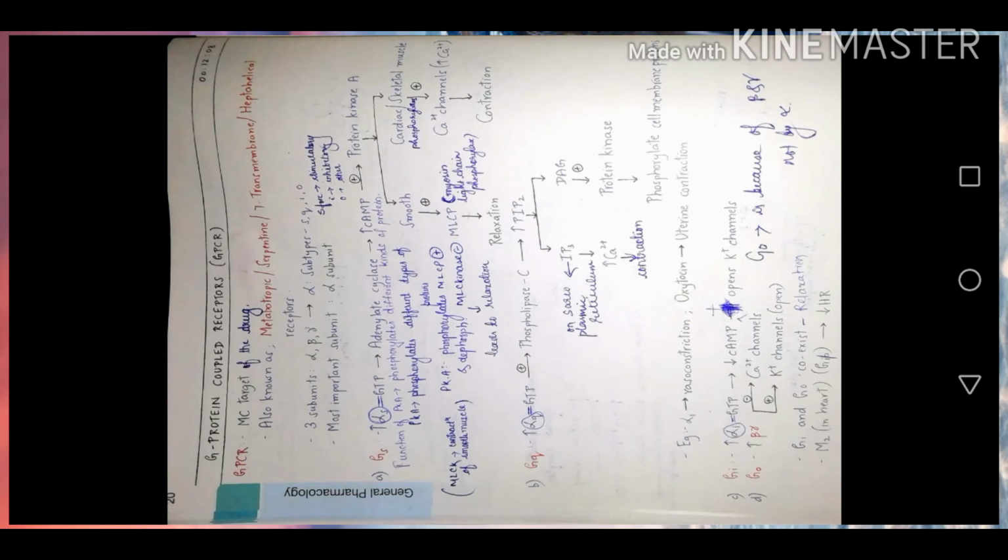So it phosphorylates the MLCP protein, but it dephosphorylates MLCK protein. The function of MLCK protein in smooth muscle is to contract the muscle, right? But in this case the MLCK gets dephosphorylated, hence it leads to relaxation. So in smooth muscle the protein kinase A activity is the relaxation type.